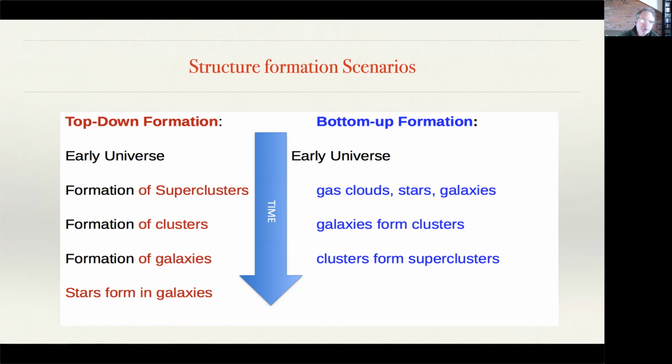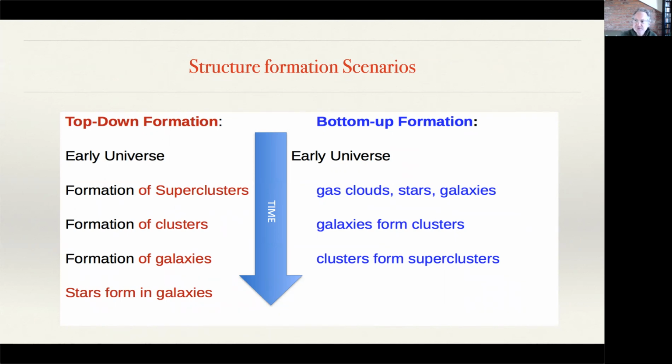And there's two different models for how this happens, right? So if we look out into the universe, what we see are galaxies, lots of galaxies. But we also see these galaxies are arranged in clusters of galaxies, so they're grouped together. And then these clusters of galaxies are sometimes in superclusters.